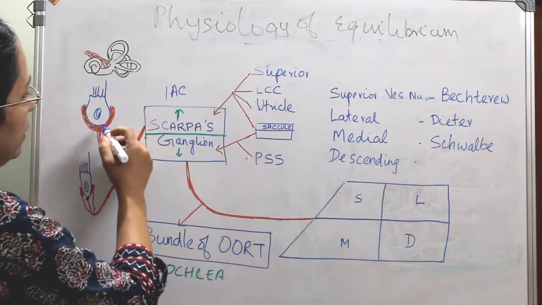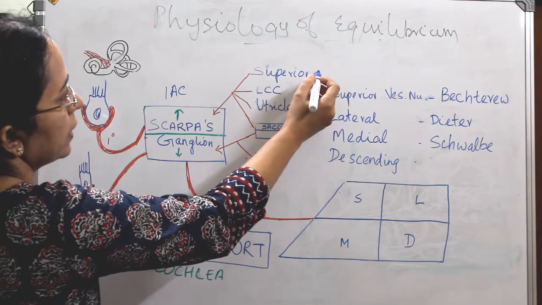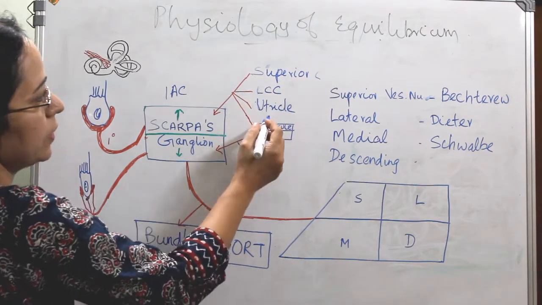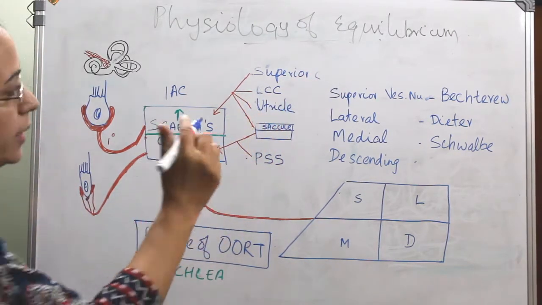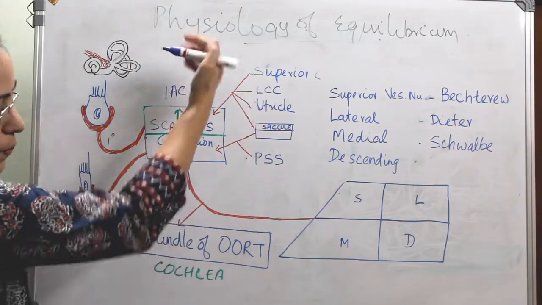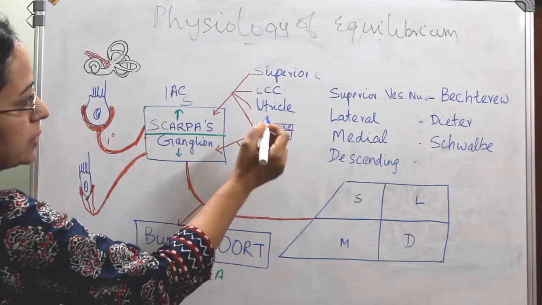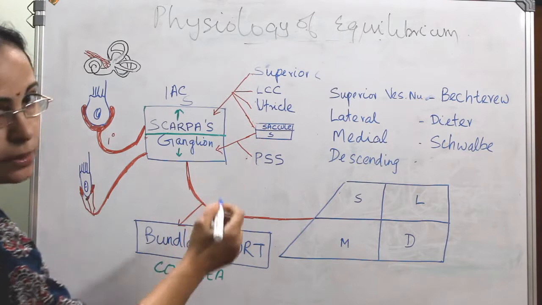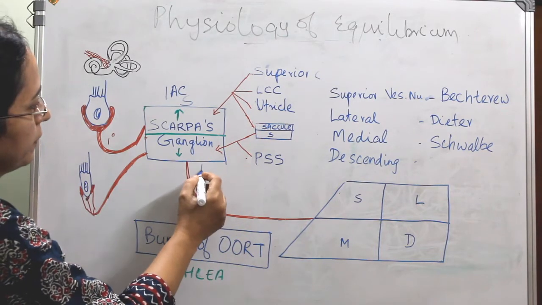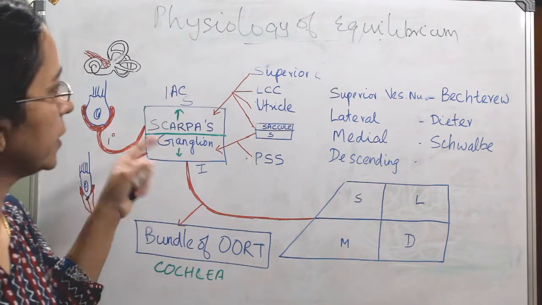So the primary vestibular neurons from the superior semicircular canal, lateral semicircular canal, utricle and a small portion of the saccule will go to the superior portion, and the major portion of the saccule as well as the posterior semicircular canal will go to the inferior part.